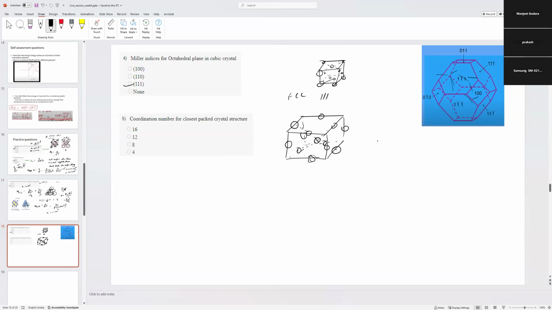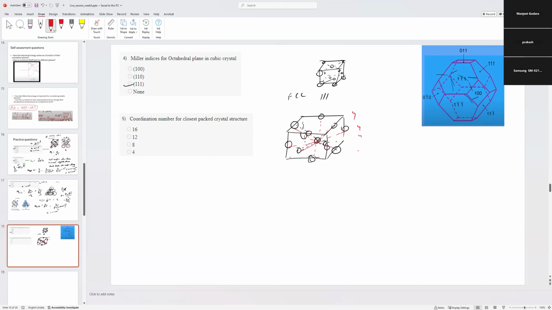So this is the center one. It's bonded to four of these: four on the top, one, two, three, four. Four atoms in the middle, one, two, three, four. Next four at the bottom, one, two, three, four.